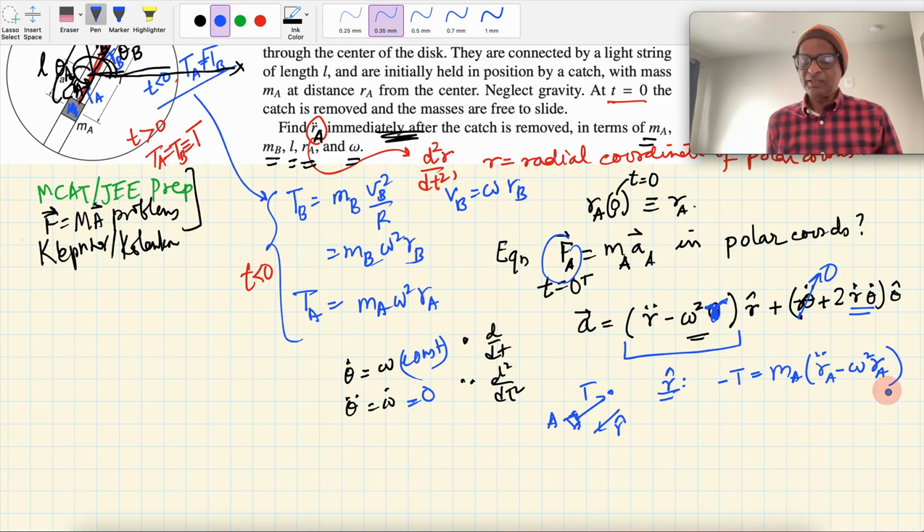So this is the case using the equation for this.